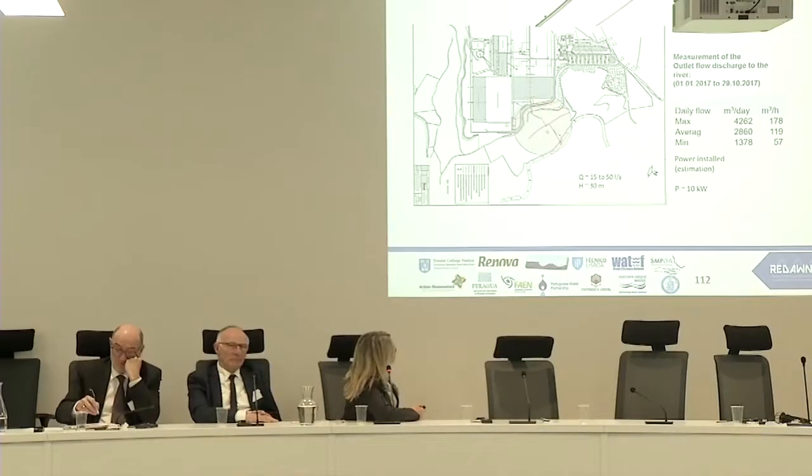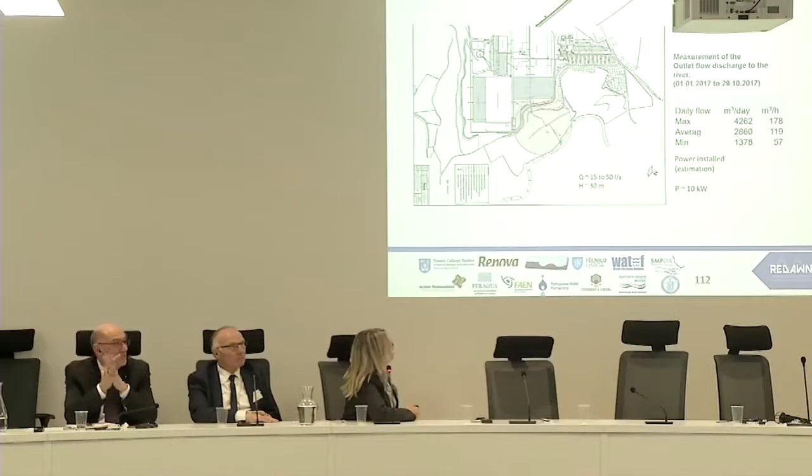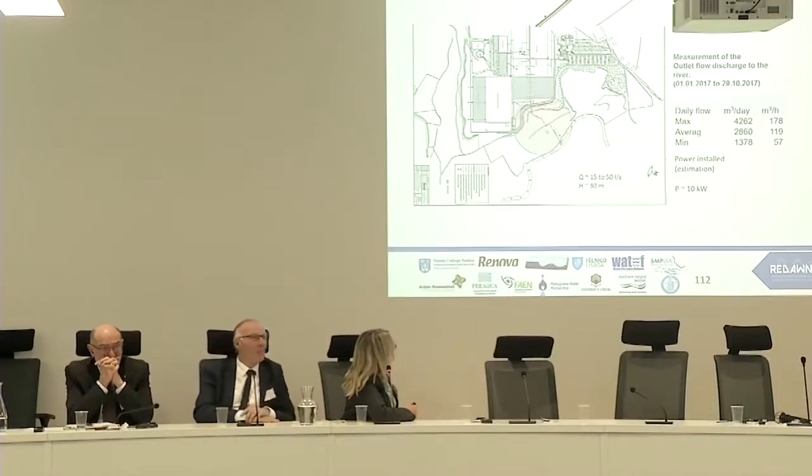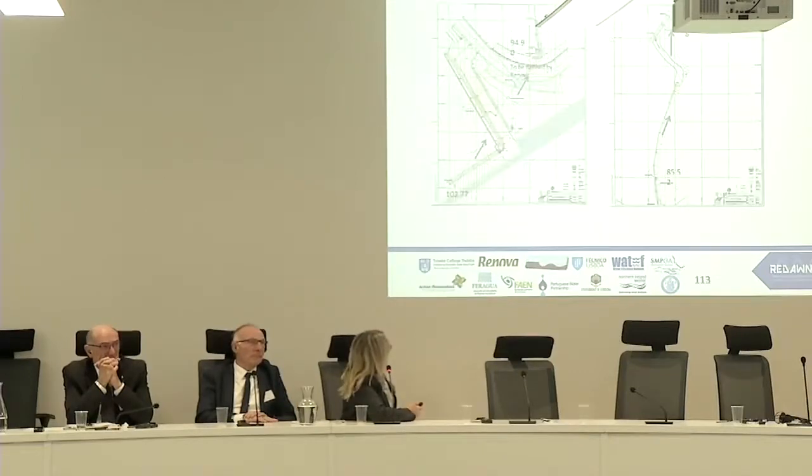We have some measurements already. We can estimate a quite small but interesting power, 10 kilowatts installed, for a flow variation between 15 and 50 liters per second, with an available head at the wastewater outlet to the river Almond of around 30 meters. It is an interesting project, like a small hydropower project with a long penstock.